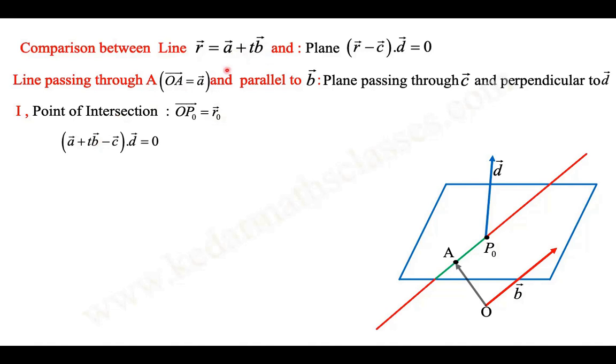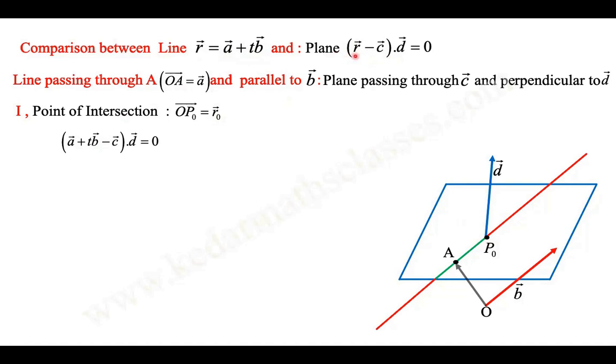As you give different values of t, we will get different points on this line. For some suitable value of t, this point also lies on this plane. Means in place of this r, a + tb should satisfy that.